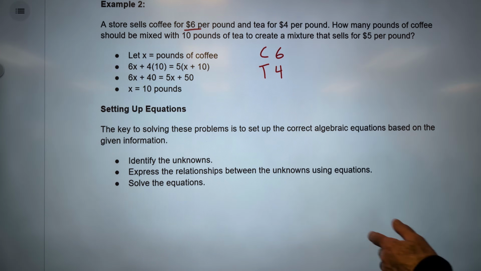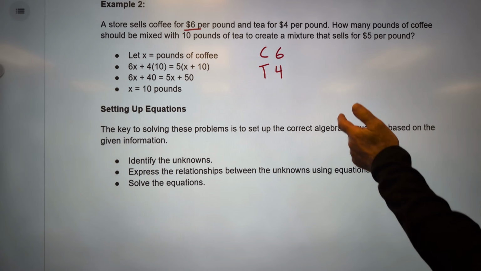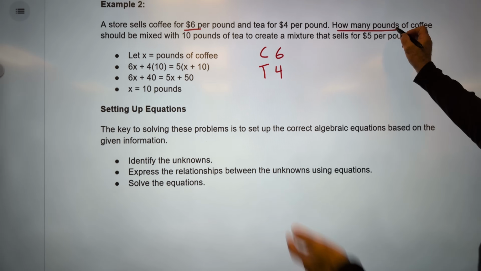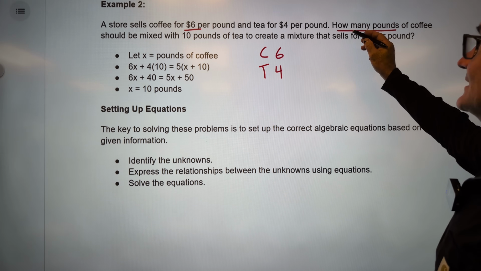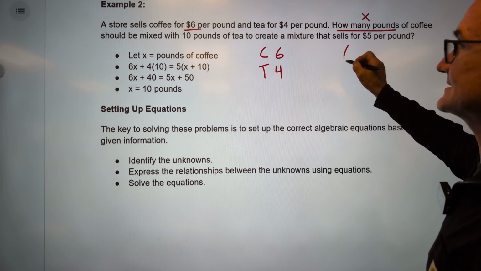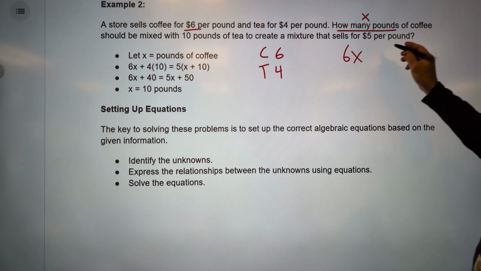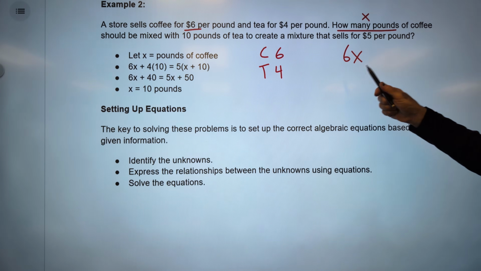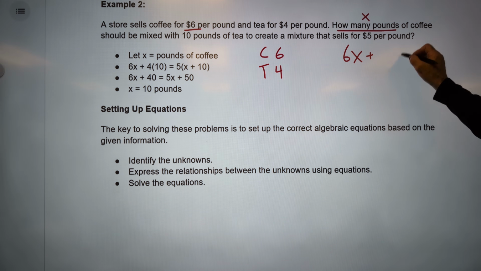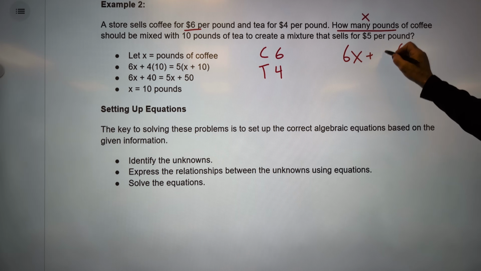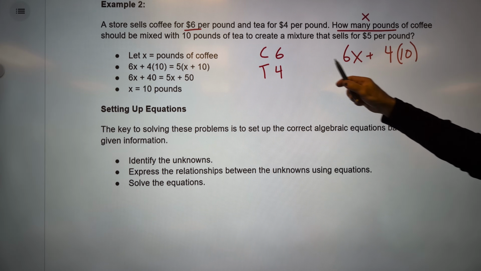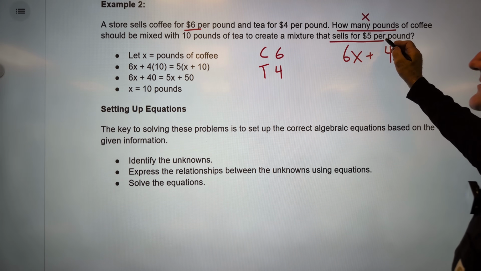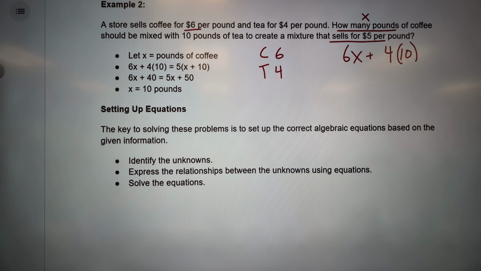How many pounds of coffee should be mixed? I don't know how many pounds it should be, they're asking me how many pounds, so I'm going to call this x. So I'm saying 6x. How many pounds of coffee should be mixed with 10 pounds of tea? So plus 10 pounds of tea to create a mixture that sells for $5 per pound.